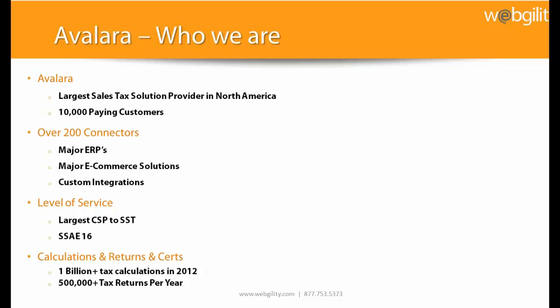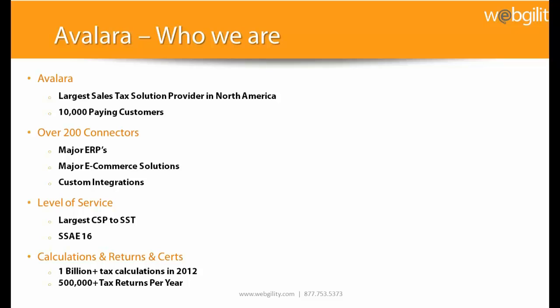Well, needless to say, he kind of hit the nail right on the head. Avalara has been one of the fastest-growing private companies in the U.S. for the past few years, and we've now become the largest sales tax service provider in North America by customer base. We have over 200 different connectors or pre-built integrations into different e-commerce and accounting package ERPs, including with QuickBooks.